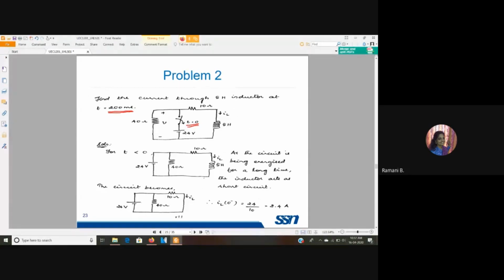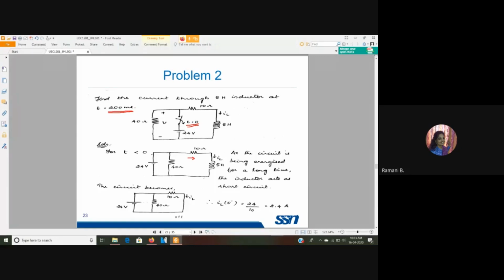So here, as the circuit is being energized for a long time, the inductor will be acting as a short circuit. So now you need to find the current through this 10 ohm resistor to give the initial value of current in the inductor. So with respect to that, you can find the current through this to be 2.4 amps.